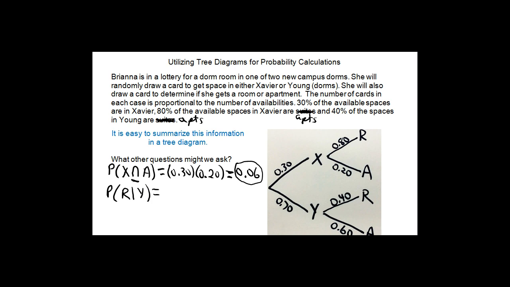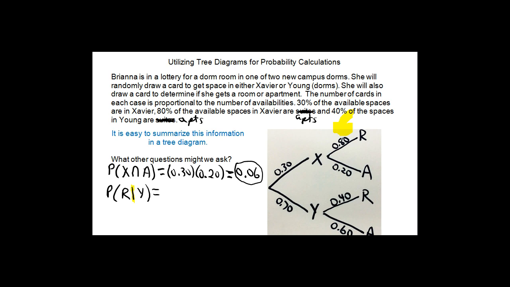Remember, a conditional probability is different. An intersection is a product down the main diagonal. A conditional probability jumps straight to the interior branches.